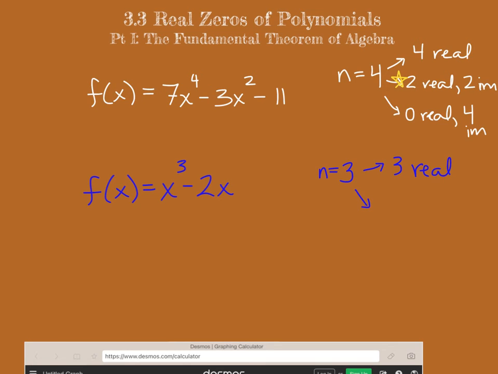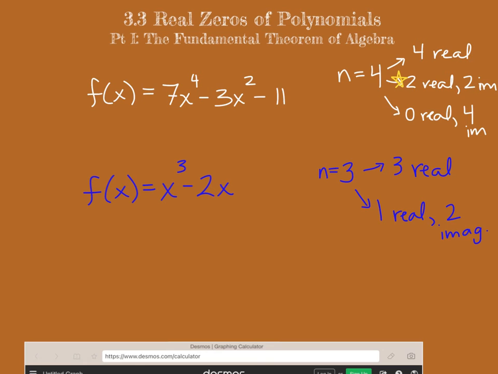Or it might have only 1 real and the other 2 might be the imaginary ones. Again, imaginary roots come in pairs. I realize IM is imaginary, so is IMAG. You could use either one. But why can we not have two real roots? Well, that would mean there's only one left to be imaginary, and imaginary roots have to come in pairs.